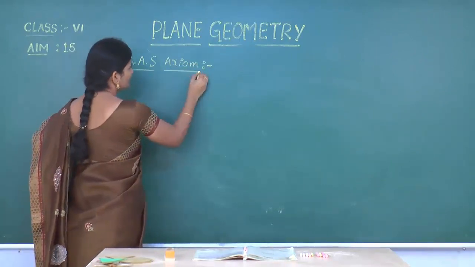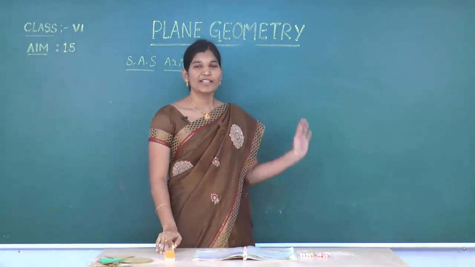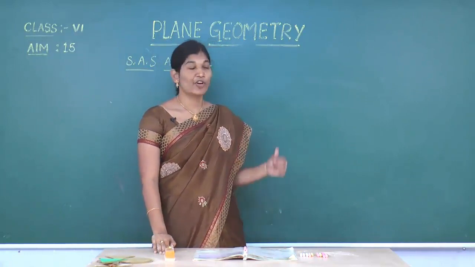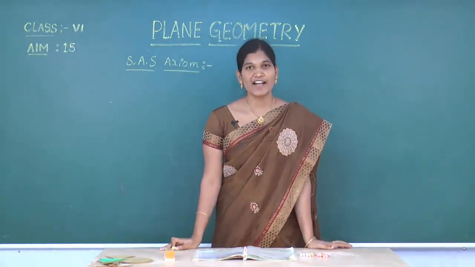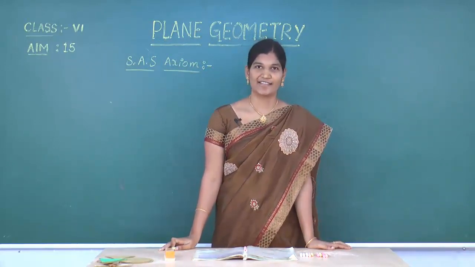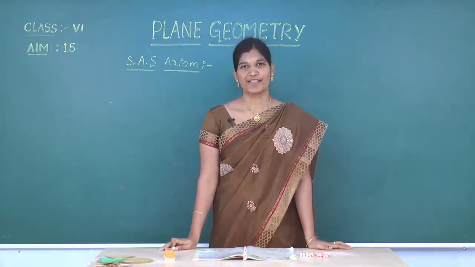What does it mean? What is the use of this one? If any two triangles are said to be congruent, they should follow some rules.